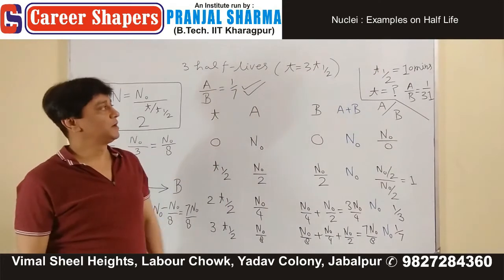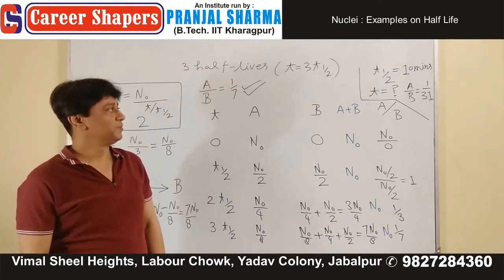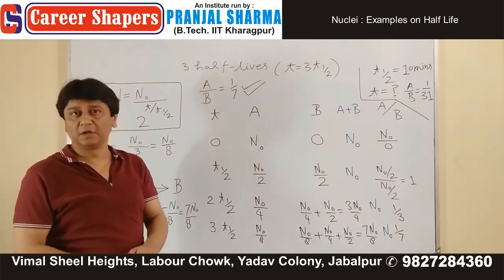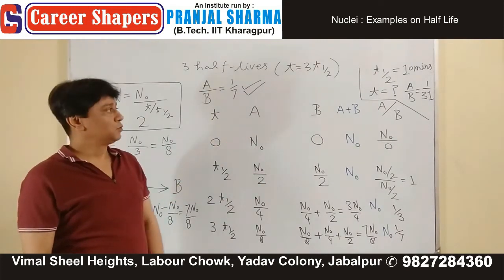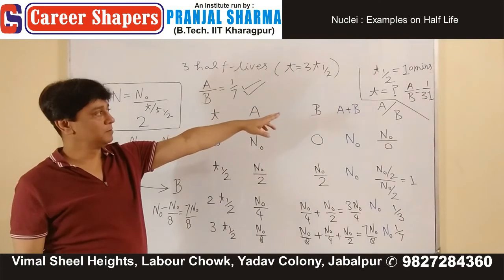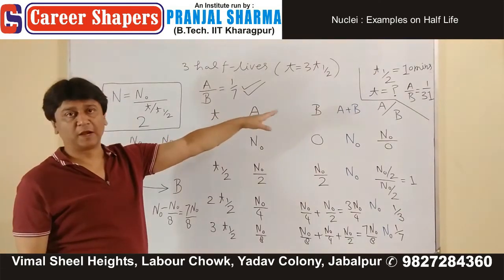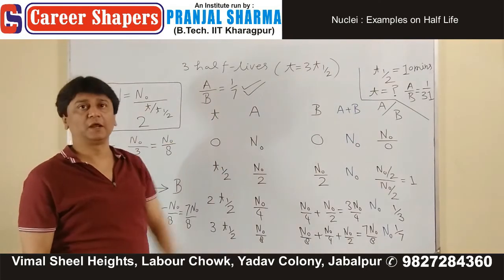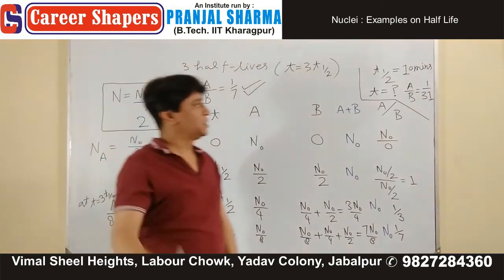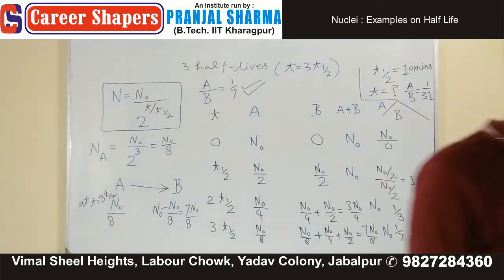If nothing is given, then it means that initially only parent nucleide is present. The question is, after what time will the ratio of parent and daughter nucleides be 1:31? Let's see how many of you will answer this.